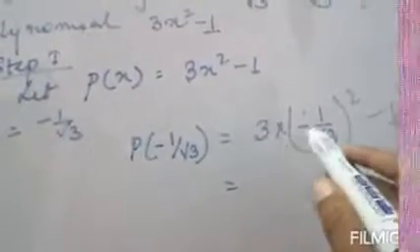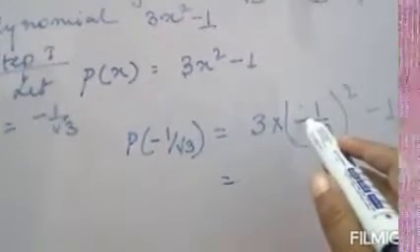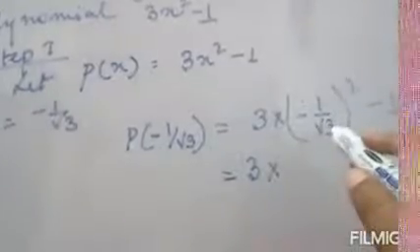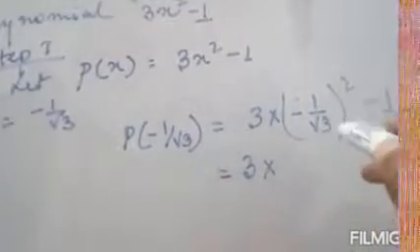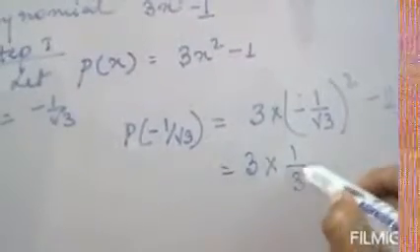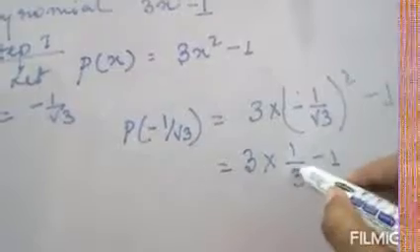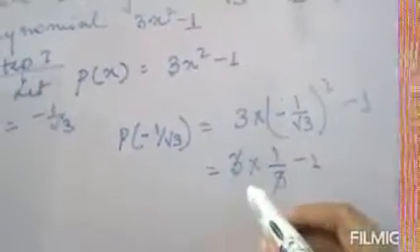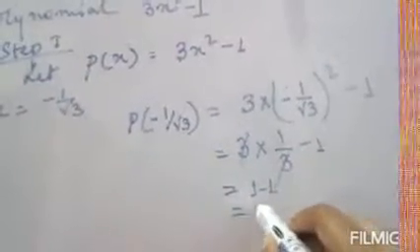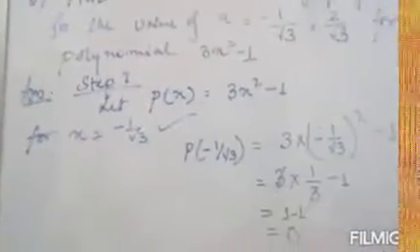Okay, now minus into minus will make plus. And what will root 3 into 1 by root 3 into 1 by root 3 make? It will make 1 by 3, into 3, minus 1. Now you know 3 and 3 you can cancel, and it will come as 1 minus 1, which means 0. So we can say this is a zero of the polynomial.